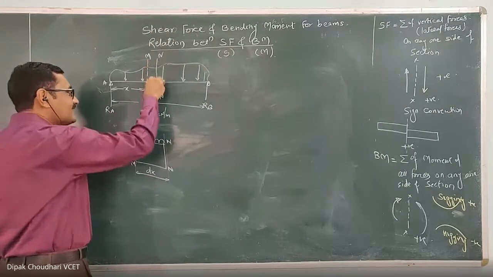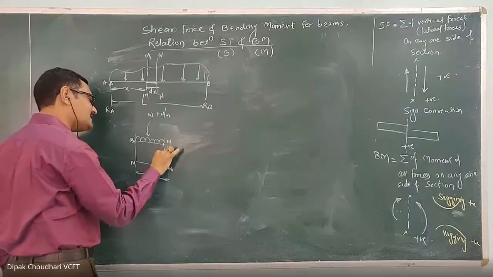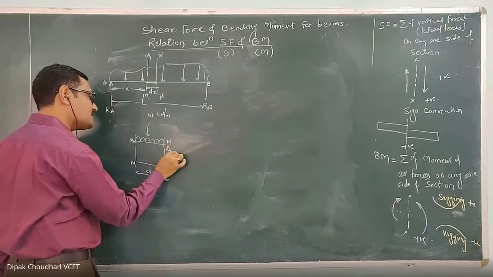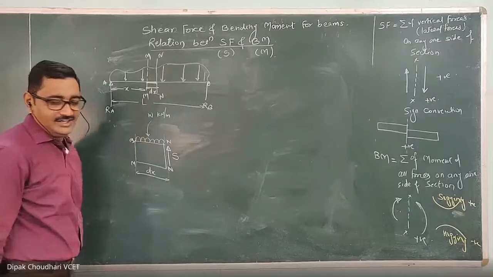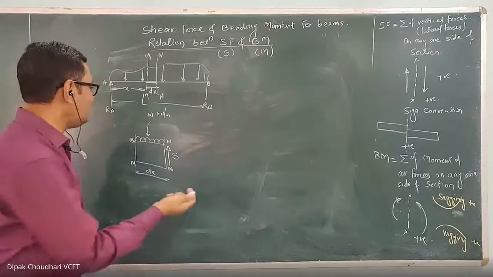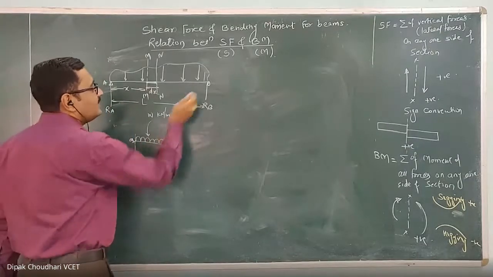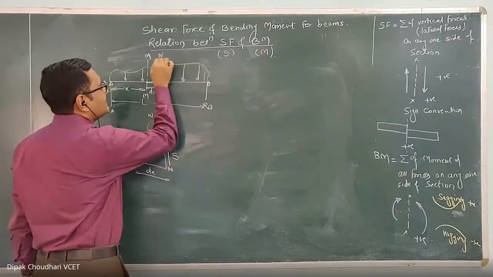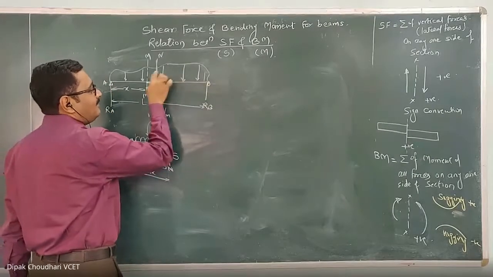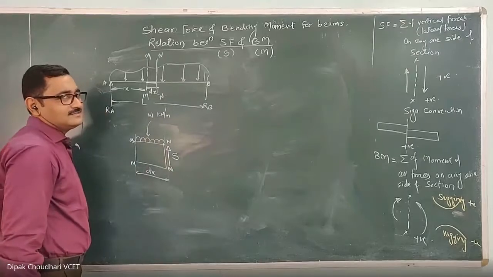At this section, let the balancing force be S. This is the shear force which is induced at this section. Now, if I consider this part, definitely RB will be greater than this intensity.